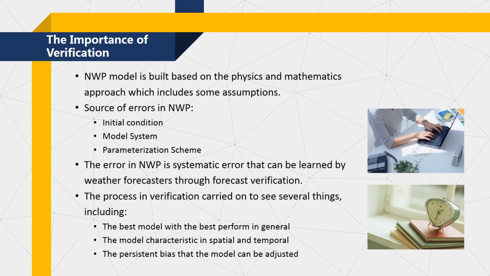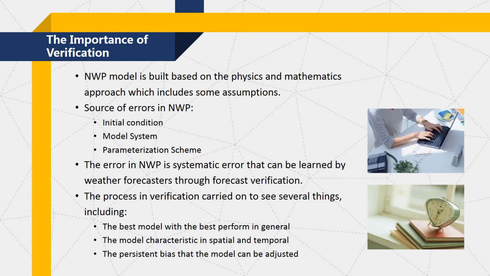And the parameterization scheme consists of calculating the physical processes in a model, such as transfer of energy, water vapor, and momentum between the atmosphere and the surface, like land or oceans, as well as the processes that produce cloud and rain.